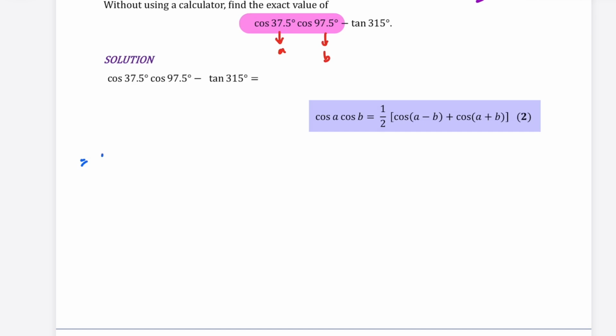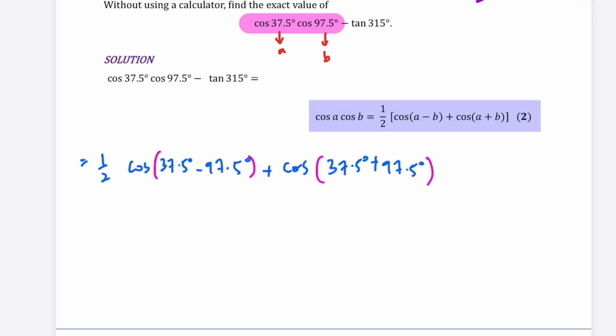So this will be 1 over 2 cos A minus B, and then plus cos A plus B. Okay, be careful, you have a big bracket here because the half is applied to everything inside the bracket.